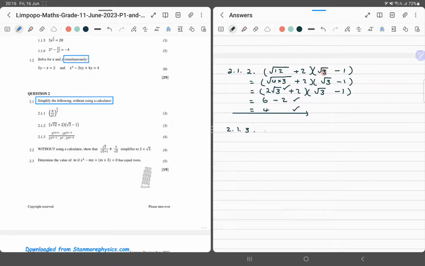2.1.3. We are given a very lengthy expression there. We've got 3 to exponent 2x plus 1, times 15 to exponent 2x minus 3, over 27 to exponent x minus 1, times 3 to exponent x, times 5 to exponent 2x minus 4.